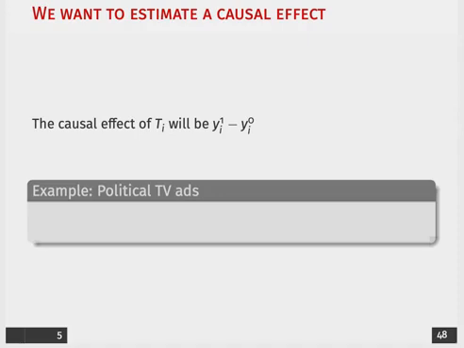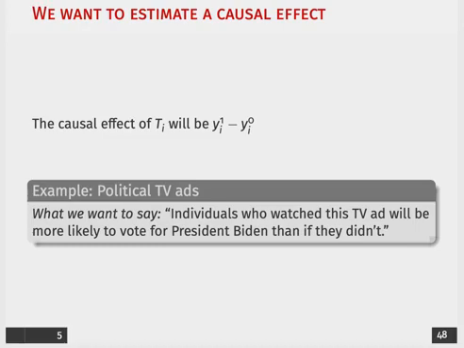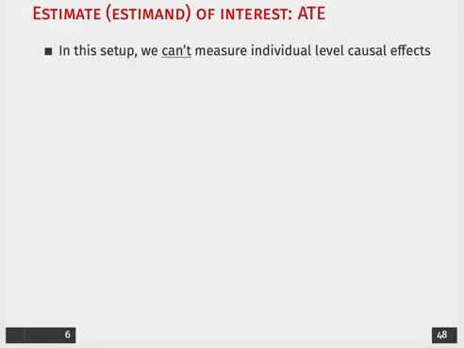Now, we can also think of that in an example with regard to political TV ads, and we might want to say individuals who watch this TV ad are going to be more likely to vote for President Biden than if they didn't. But like I said, this is not what we can actually measure in reality.